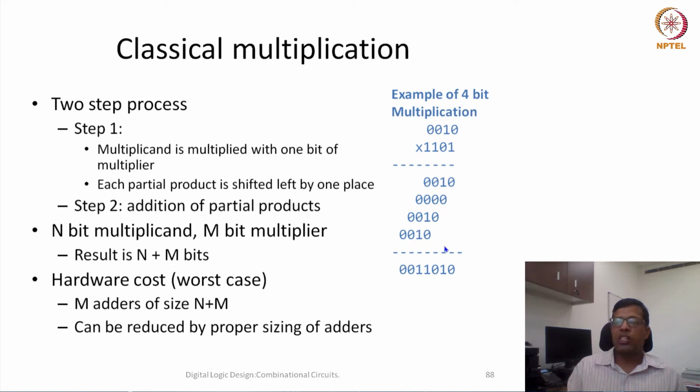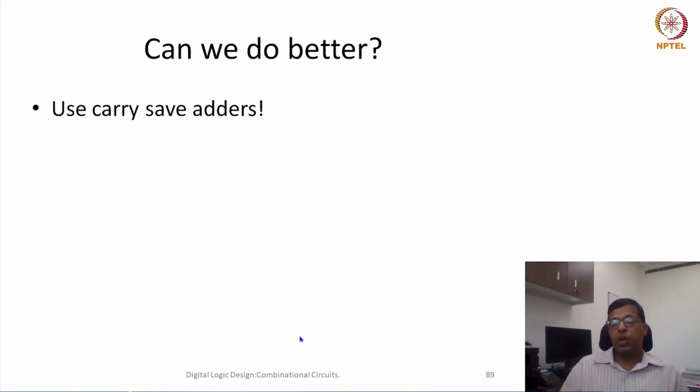We consider that a cheap operation, meaning it probably consumes less time and less area. But looking at this, my multiplication is going to be at least one order costlier: if it is n bit multiplication, it's going to be at least n times costlier than addition. So how can we do better?